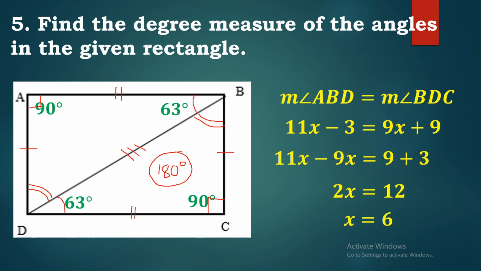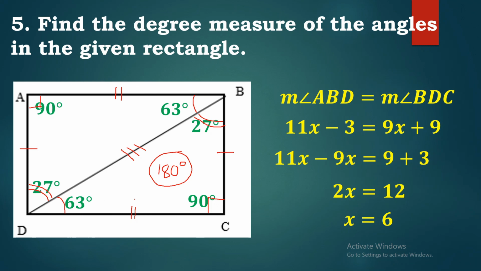So if we do not know the measure of one angle of a triangle, that can easily be done by subtracting from 180 degrees the sum of the measurements of the two given angles. So that's 180 degrees minus 90 degrees plus 63 degrees. So 180 degrees minus 153 degrees, that is 27 degrees.